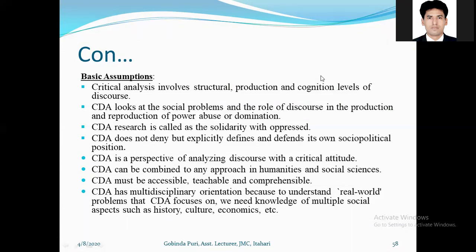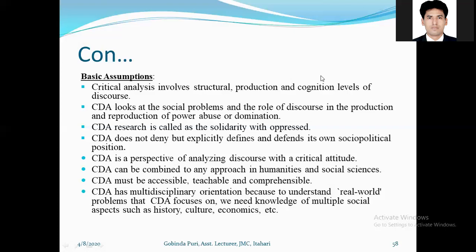What is the structure, what is the production, how power is produced, and cognition means whether the text is talking about cognition or not. Knowledge level. Cognition means knowledge. Does it provide sufficient knowledge and ideas or not?